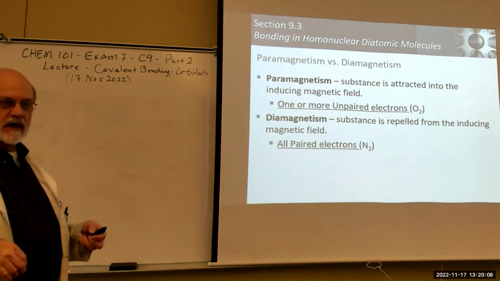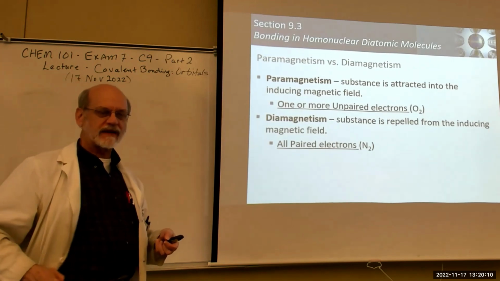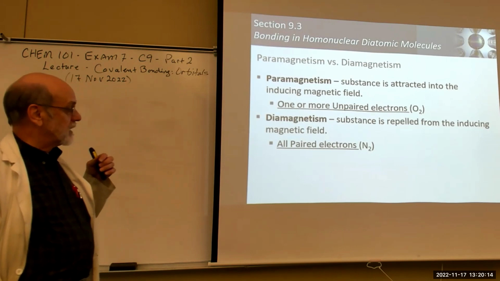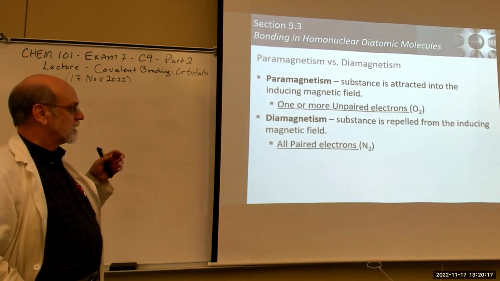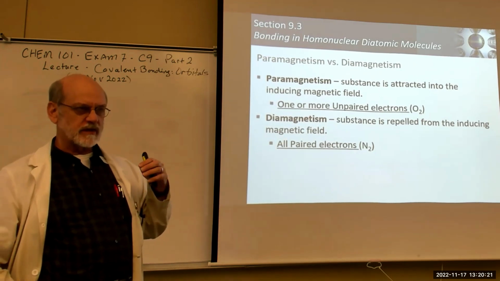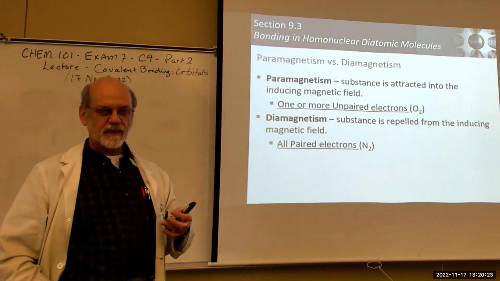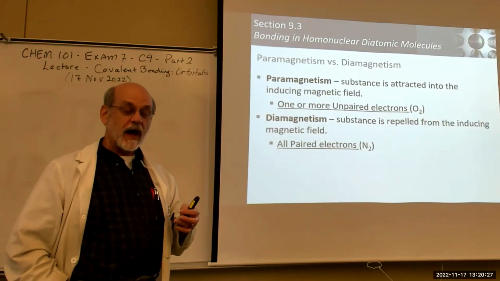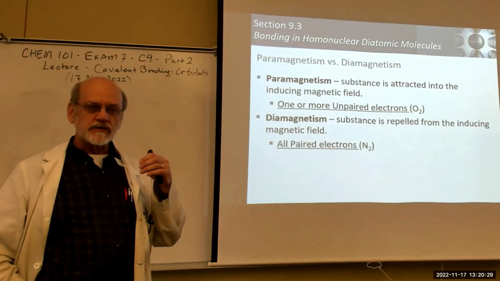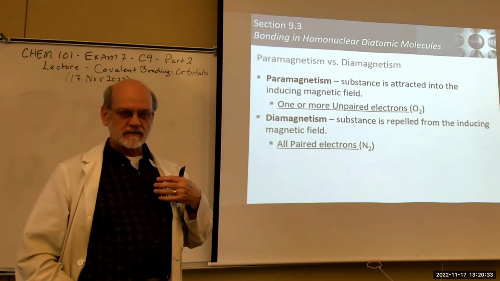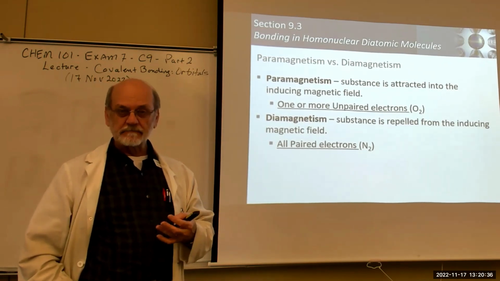Okay, so a term was used called paramagnetism. Paramagnetism is a property of a substance that causes it to be attracted into a magnetic field. And it's predominantly due to uncanceled angular momentum.